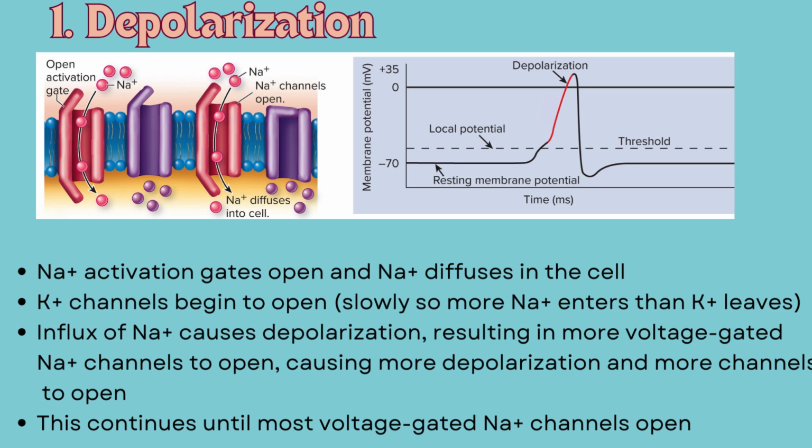The influx of sodium ions causes depolarization, resulting in more voltage-gated sodium channels to open, causing more depolarization, and then more channels open. This is an example of a positive feedback system. This continues until most voltage-gated sodium channels are open.